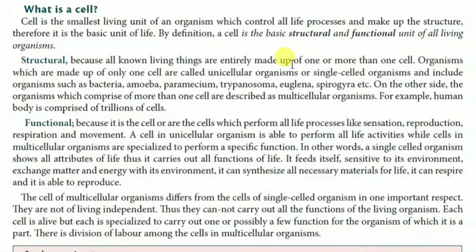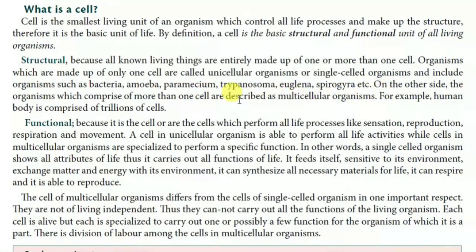So organisms which are made up of only one cell are called unicellular organisms or single-celled organisms. And they include organisms such as bacteria, amoeba, Plasmodium, Trypanosoma, Euglena, Spirogyra, etc. On the other side, the organisms which comprise more than one cell are described as multicellular organisms.